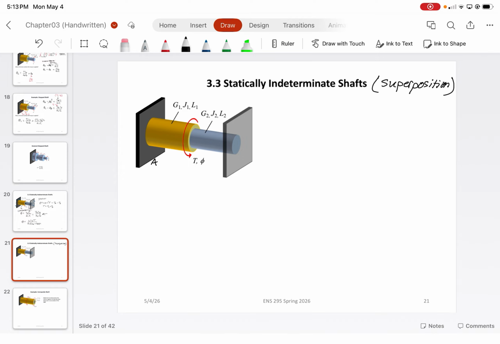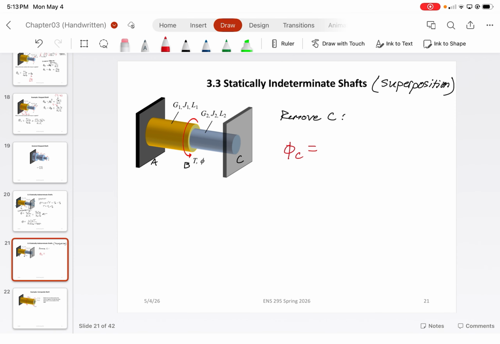So if we label this A, let's call this B, and let's call this C. Well, one of the first things that we can do is just remove reaction C. All right, so that's no longer there. And what we would first want to do is figure out what the rotation at C would be for our initial system, all right?